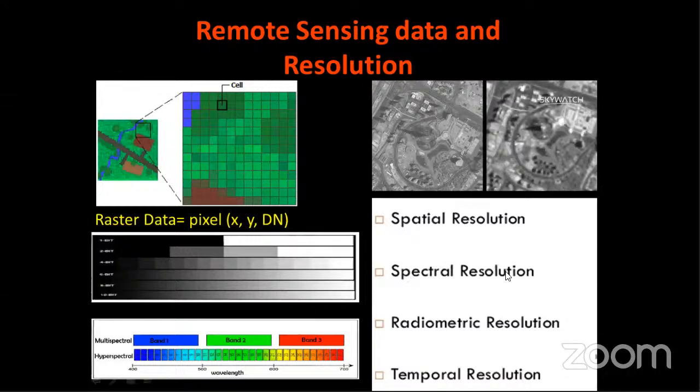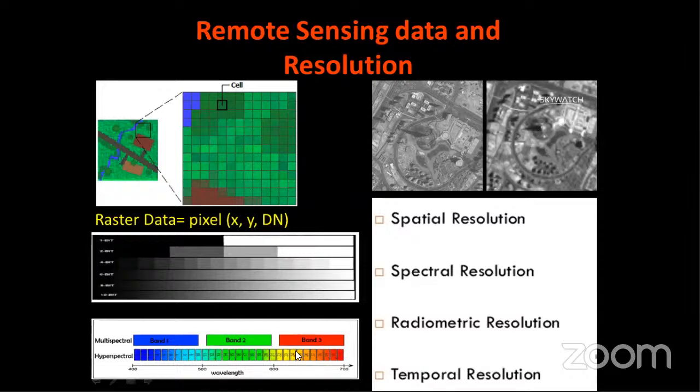Come to the spectral resolution that you can see here. This is multispectral, where you have only three sections of electromagnetic energy, or you can say bands 1, 2, 3. This is called blue, green, and red. This is multispectral, or you can say low spectral resolution. But when you come to high spectral resolution, you can see multiple bands in the blue region, multiple bands in the green region, and multiple bands in the red region.